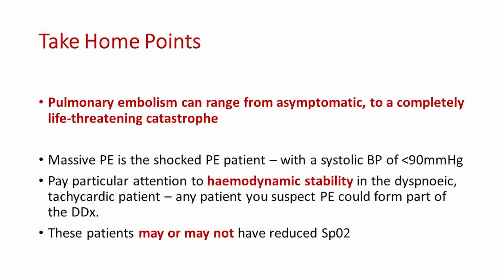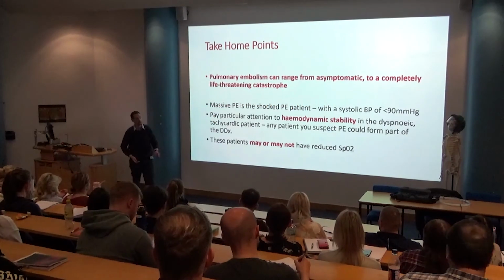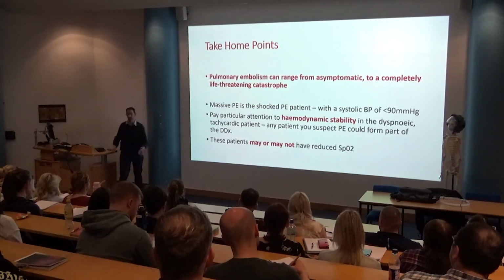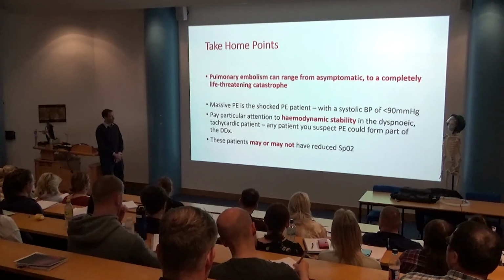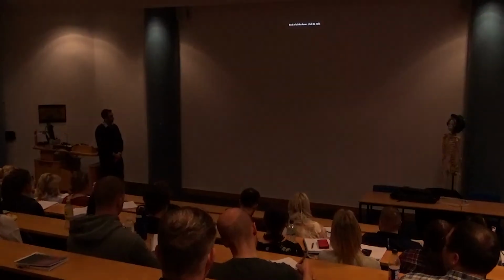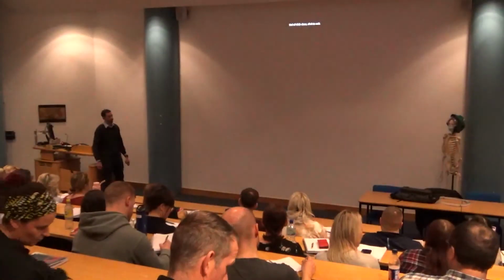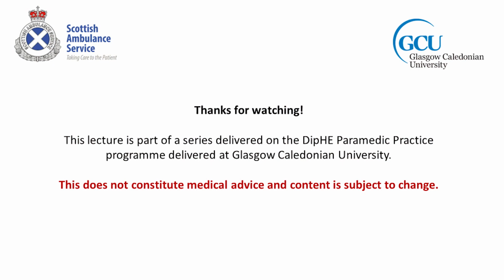The patients may or may not have reduced SATs, just like with your lung auscultations. They might have perfectly good bilateral air entry all the way to the bases with no adventitious sounds at all. Or if it's been a while, they might have some slightly reduced air entry. And literally, that's it for PE, because what else do you want to talk about with PE? It's a clot.